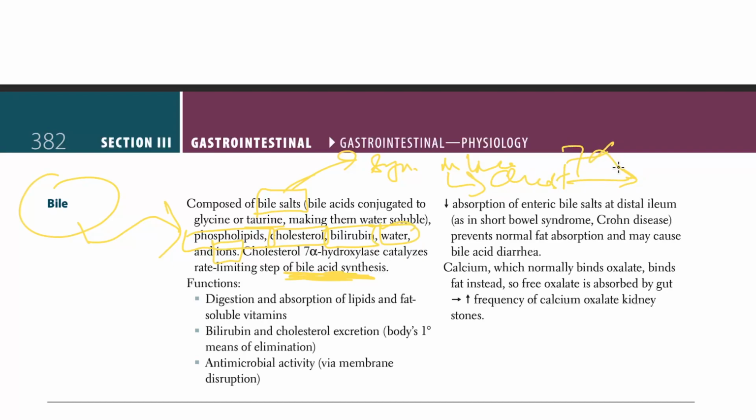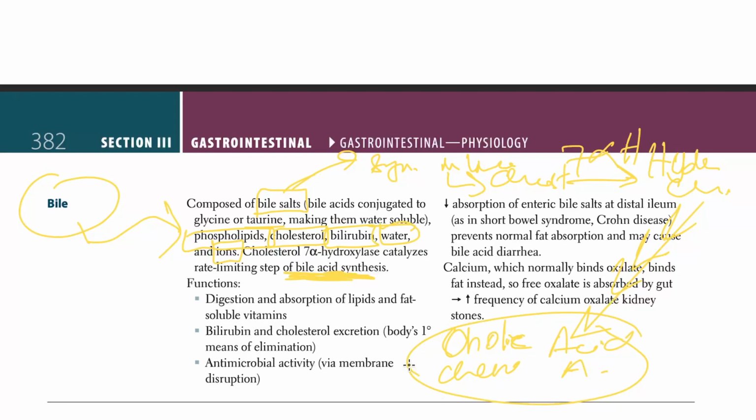Cholesterol needs its 7 alpha hydroxylase enzyme to form 7 alpha hydroxycholesterol. That becomes, there are a lot of steps there, but it becomes cholic acid and chenodeoxycholic acid. And what are these two things? These two things are the bile salts.